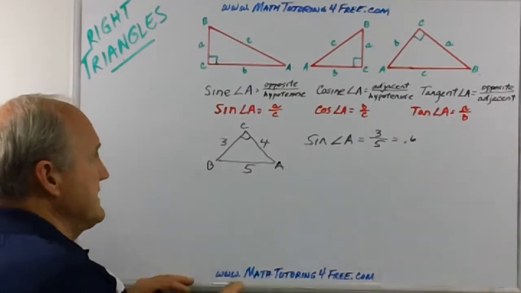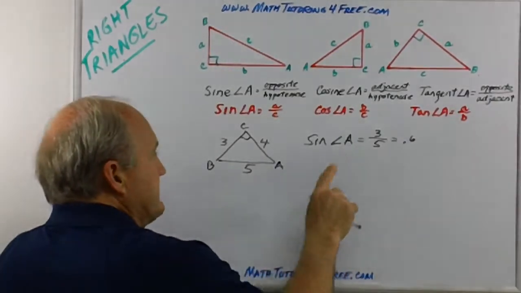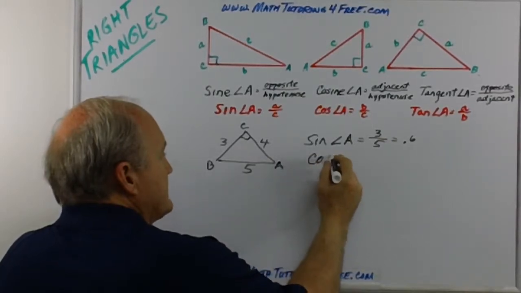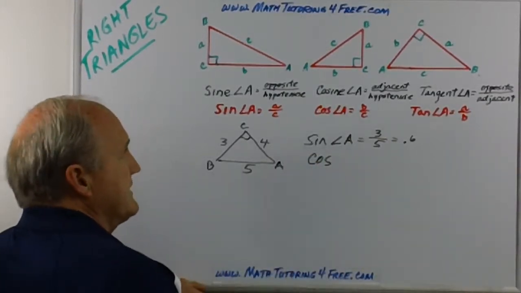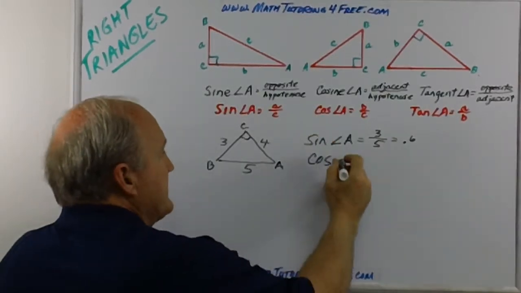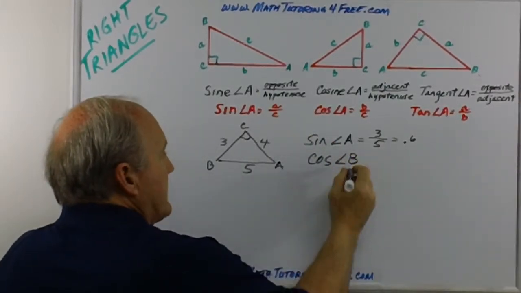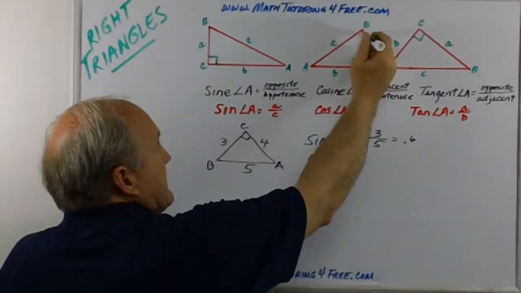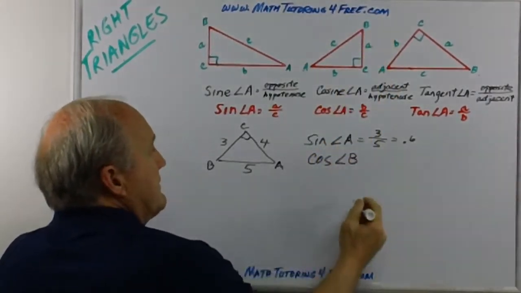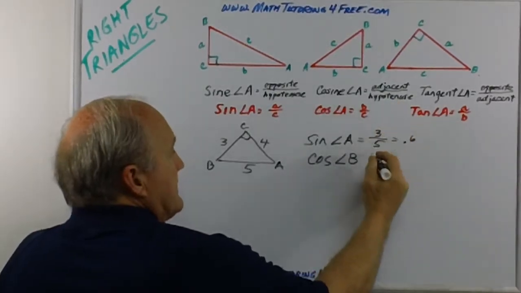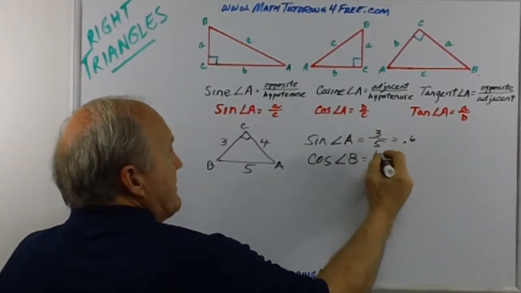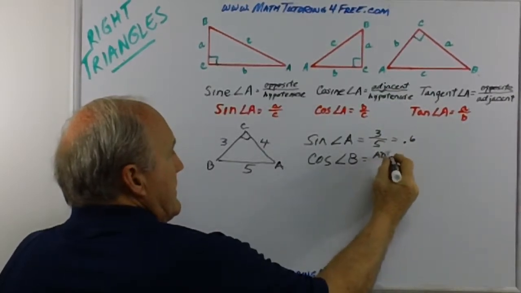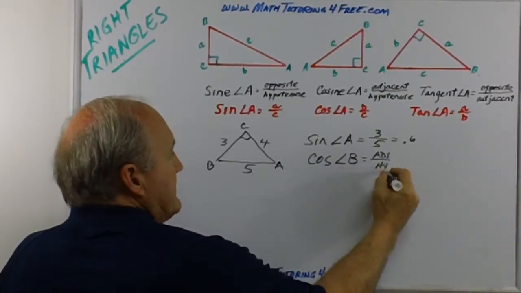For this lesson, let's zero in on the cosine, and let's pick a different angle. Let's pick angle B. The cosine of angle B: we're now looking from B, and we know the ratio for the cosine is the adjacent over the hypotenuse.